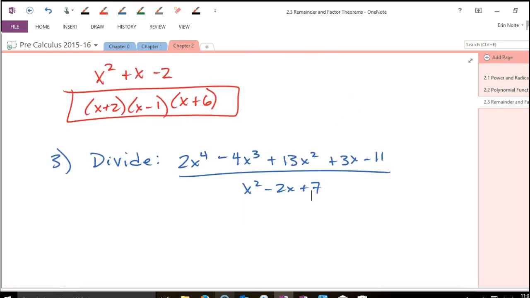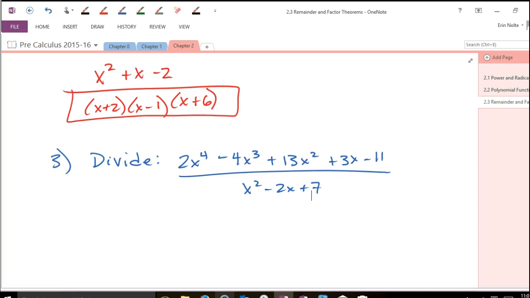Alright, so this particular question, if they ask me to divide it, I must use long division. Do you guys remember the difference between when you can use long division and when you can use synthetic division? Well, it has to be a linear quantity. So we could have technically used synthetic division in the first two because they were linear quantities.